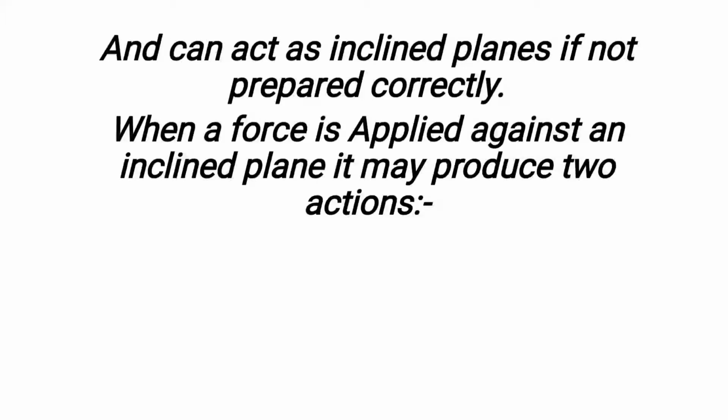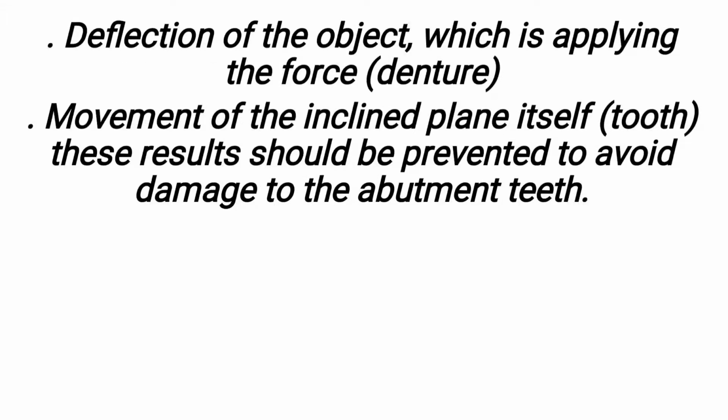When a force is applied against an inclined plane, it may produce two actions: deflection of the object which is applying the force, the denture, and movement of the inclined plane itself, the tooth. These results should be prevented to avoid damage to the abutment.